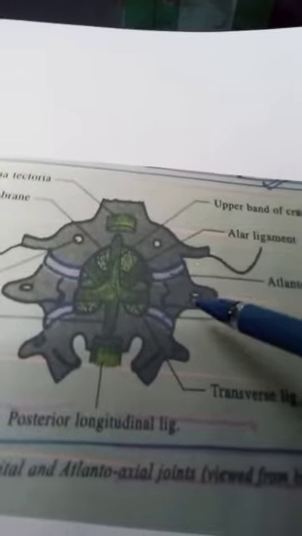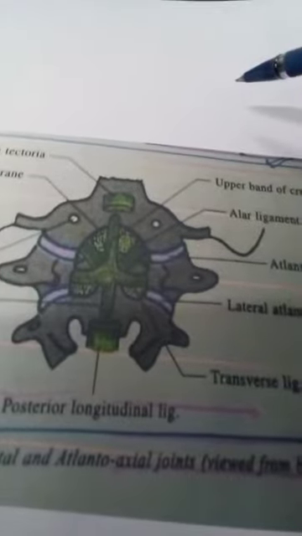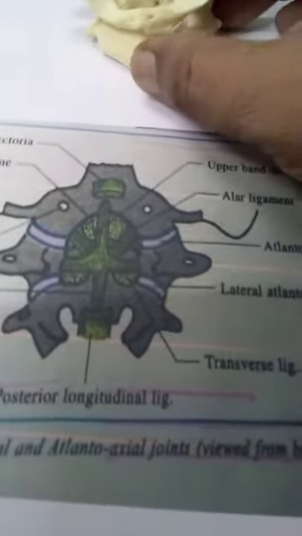No rotation is possible at the atlanto-occipital joint. Hence, the atlanto-occipital joints are called joints of yes or positive expression. Flexion and extension take place around the transverse axis, and lateral flexion or abduction around an anteroposterior axis.